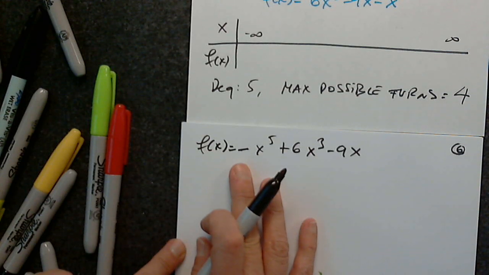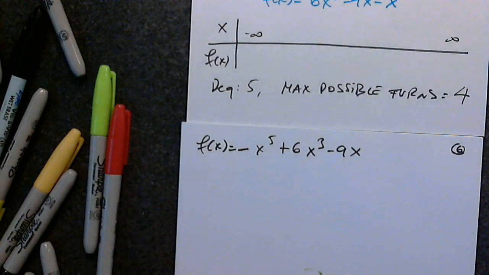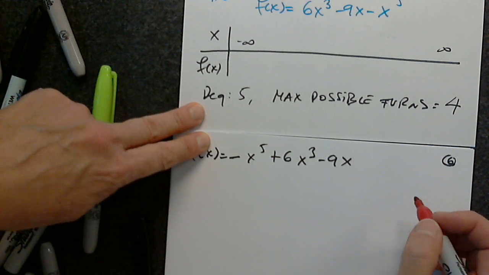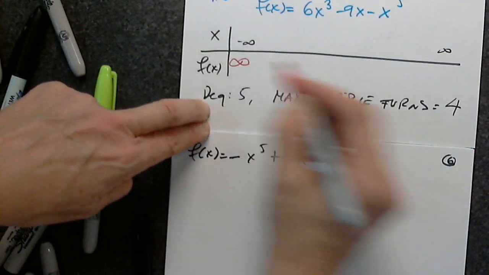Since the leading coefficient is negative, remember it behaves like the linear function with a negative slope. That's all you have to remember. It's an odd degree. It can have this option or this option, depending on the leading coefficient. So which one is the end behavior? Perfect.